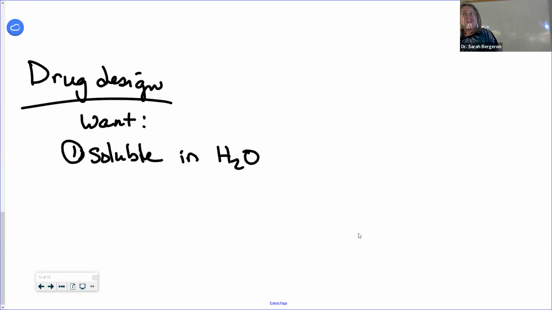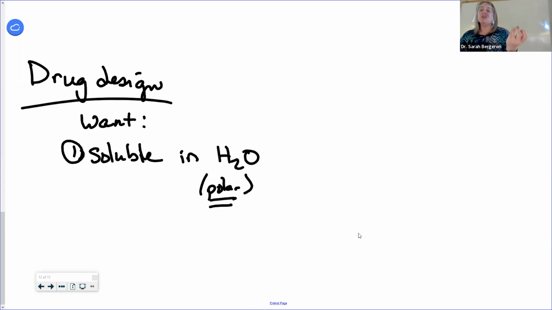What is water? It's polar. You get nothing else from this class, you're going to know that water is polar. So our rule for solubility is like dissolves like. If it's polar, will it dissolve in water? Yes. Could you think of a stronger interaction which would make something even more soluble?